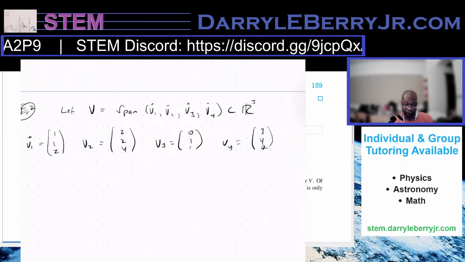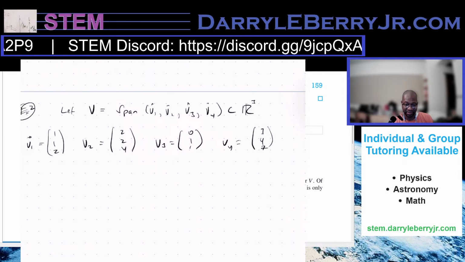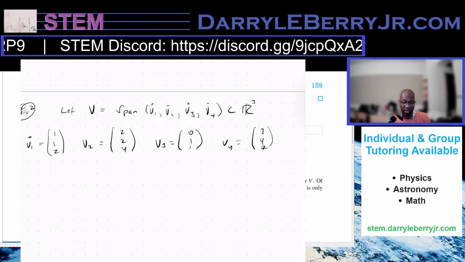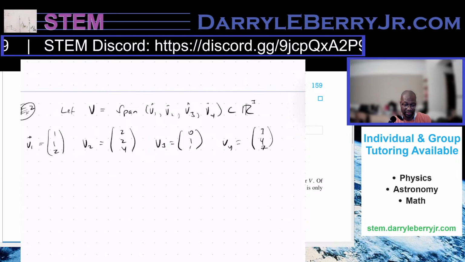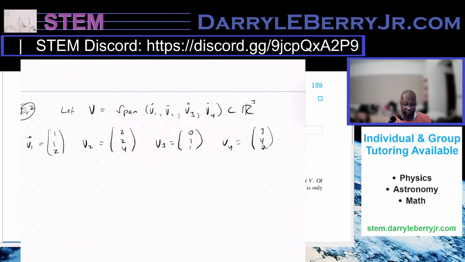Of course, this set of 4 vectors must be linearly dependent since V is in R3 and R3 is only 3-dimensional. That makes sense. Now let's examine the solutions.